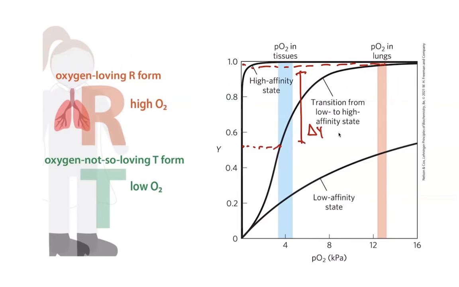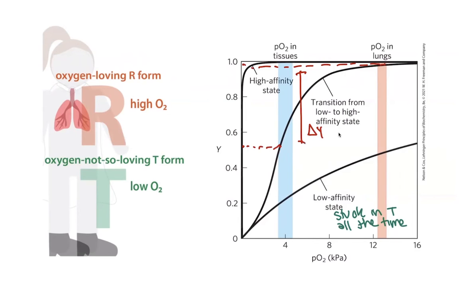Okay, but now let's think about if we didn't have cooperativity. What if we were stuck in that low affinity state? What if we were stuck in T all the time? Well, now in our lungs, first of all, we're not going to have very efficient loading.